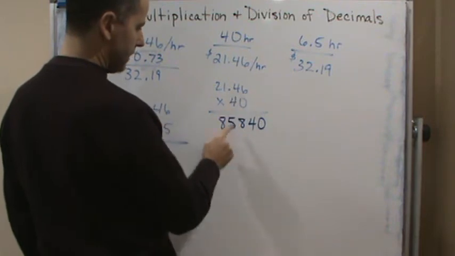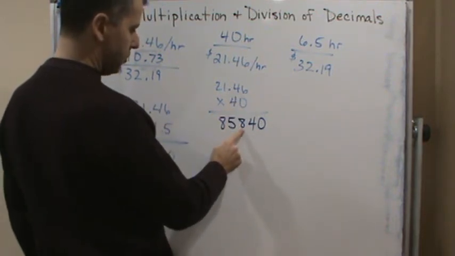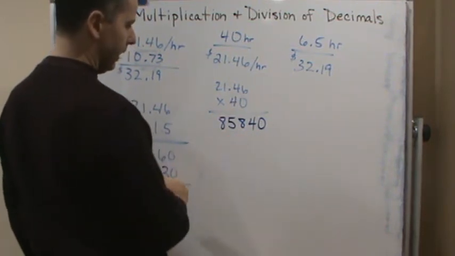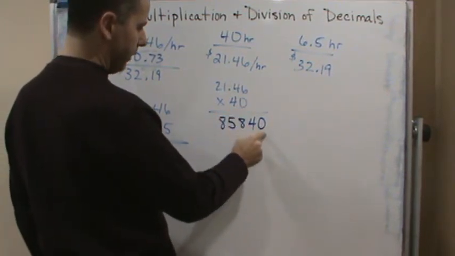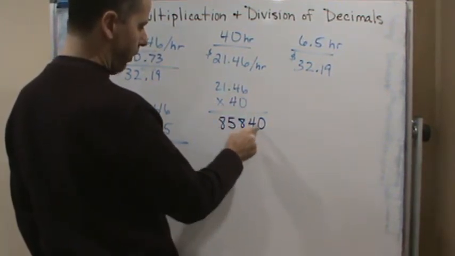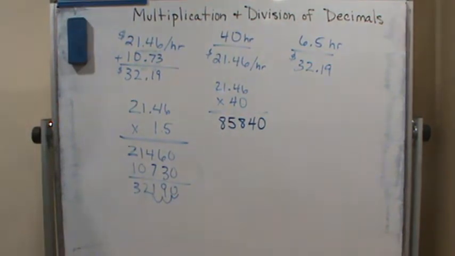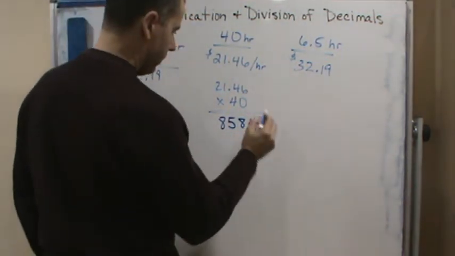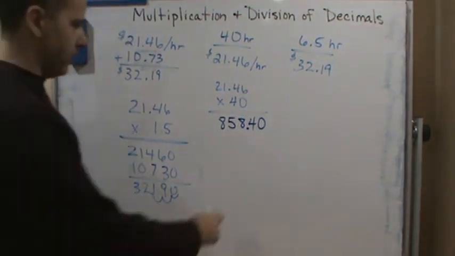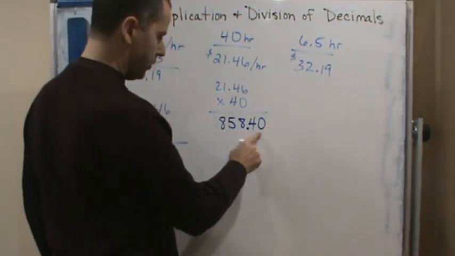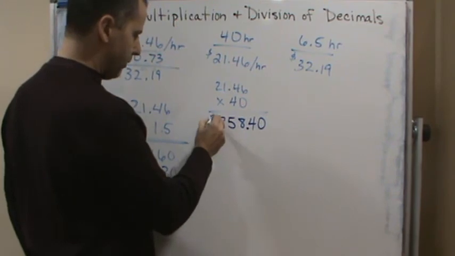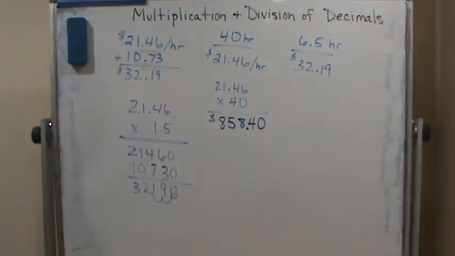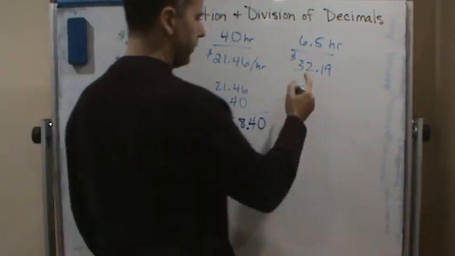And then 4 times 6 is 24, so I add 2 to the 6 and get 8 here, end up with a 4, and it's a 0 here, because it's 40, not 4, I add the 0. And now I'm going to put the decimal point, I move it over 2. So this is the amount that was earned for the 40 hours.